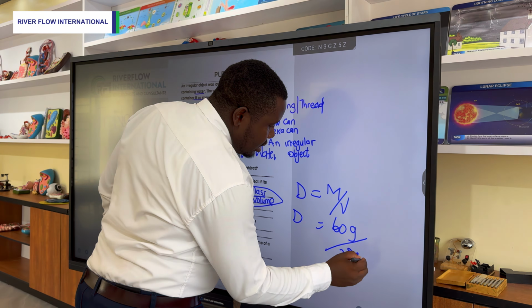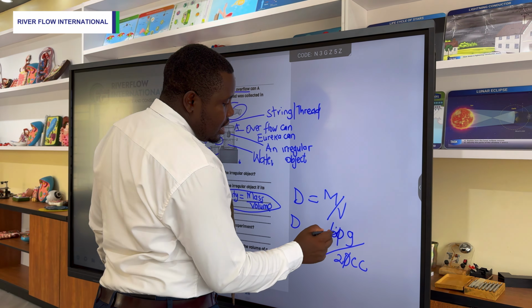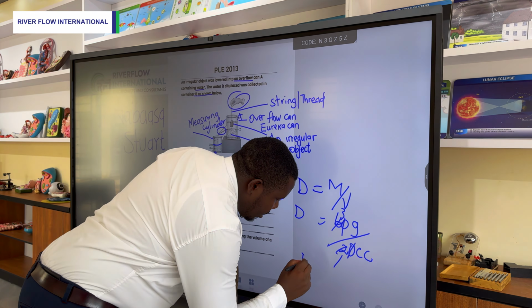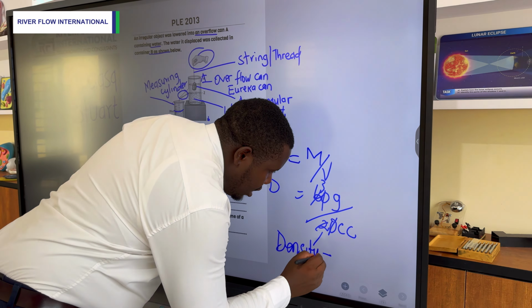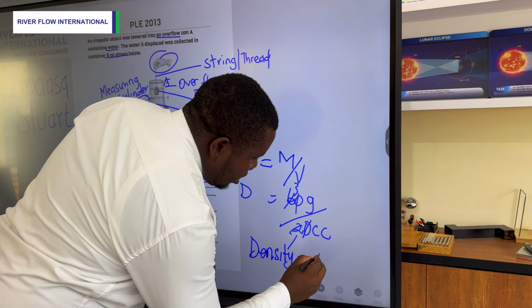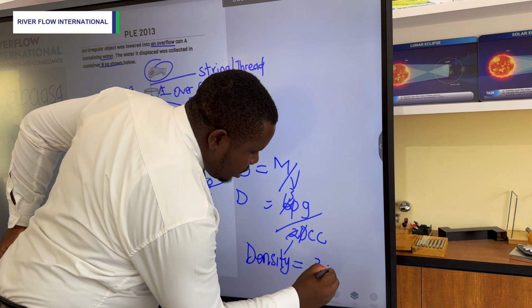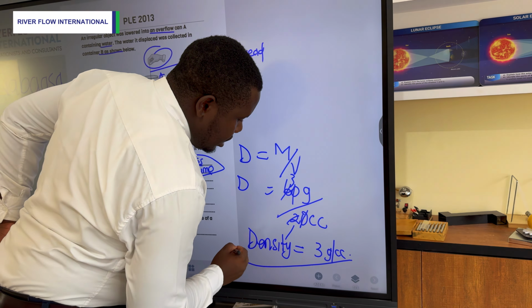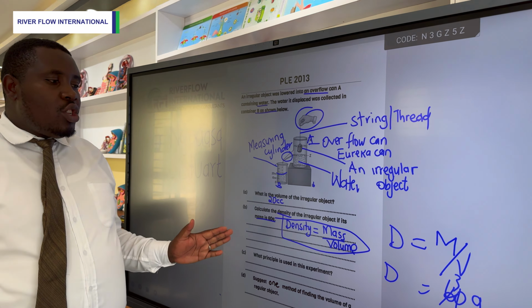When you divide this, this one will go like this. This will be 3. This will be 1. And therefore, the density will equal 3. Now we are going to get other units, grams per cubic centimeter. This becomes our density of this irregular object.